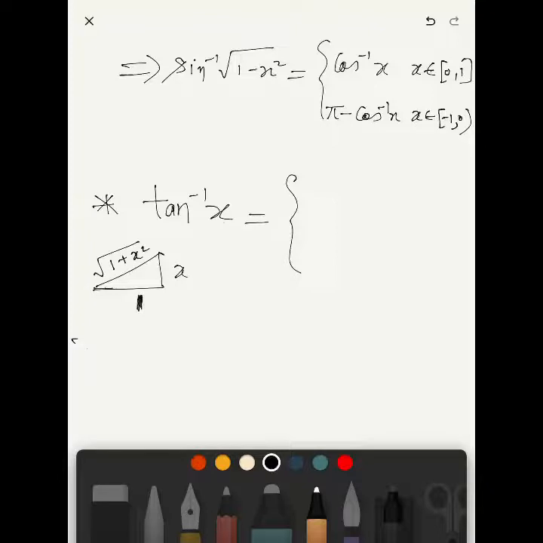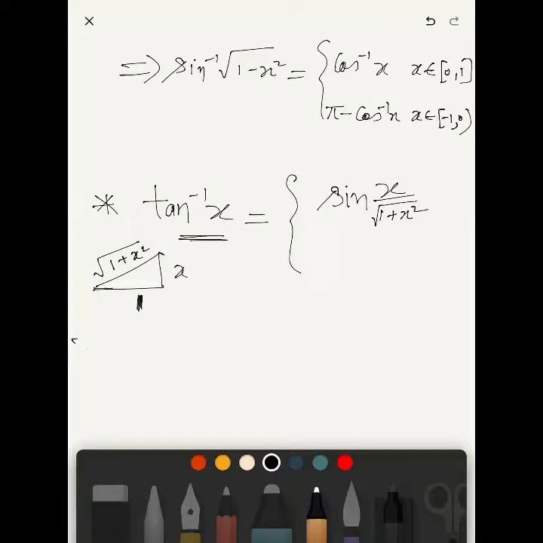So when you convert it to sine, sine is perpendicular by hypotenuse, x by under root 1 plus x square. Now let us try to solve it.